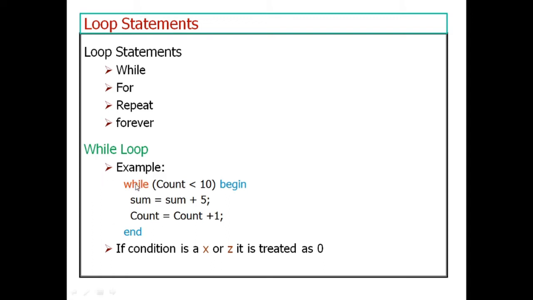Whatever I write in the process, this is the expression, and until this expression is false, these statements keep getting executed. For example, when count equals 11 and the condition is 11 less than 10, it is false.